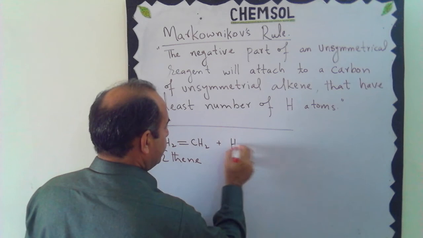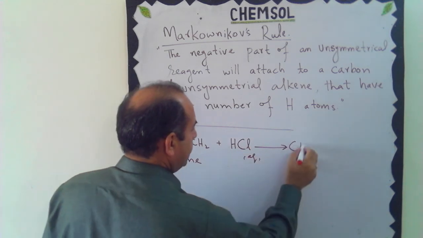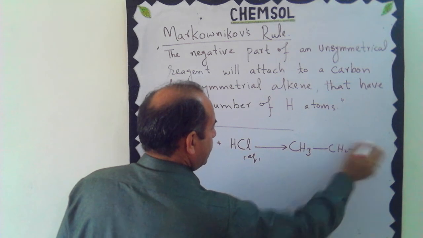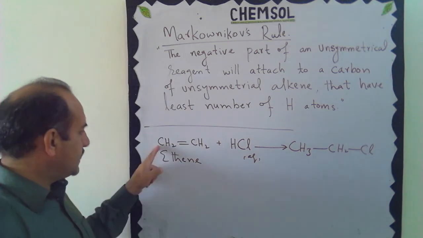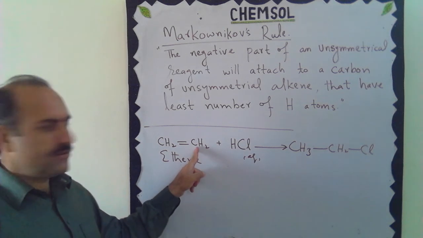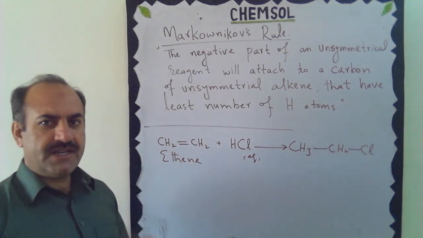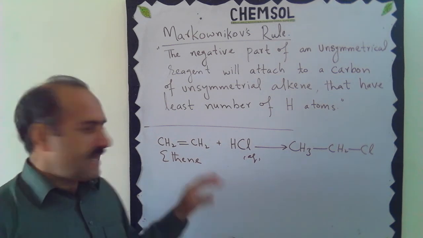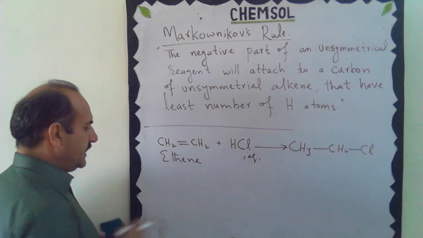When we react it with HCl, we will get CH3CH2Cl. There is no problem. Either this hydrogen is attached on this carbon or on this carbon. We will get only one alkyl halide or one isomer. So Markovnikov's rule is not used in such cases where the number of hydrogen atoms is equal.